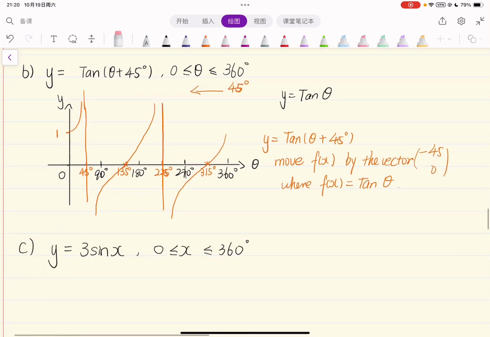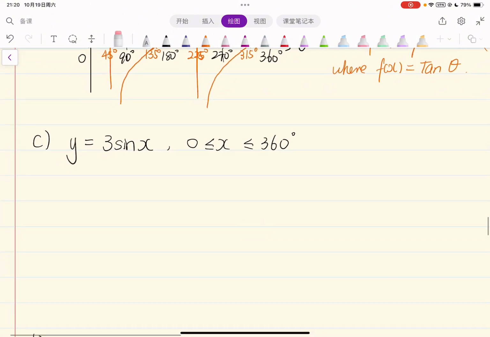Let's look at part C question. So we have y equals 3 sine x, and x is between 0 and 360.